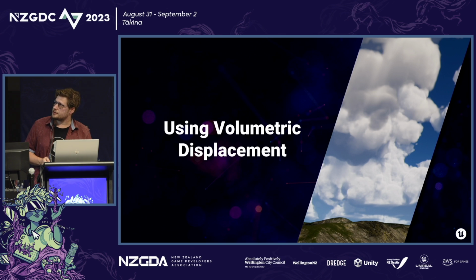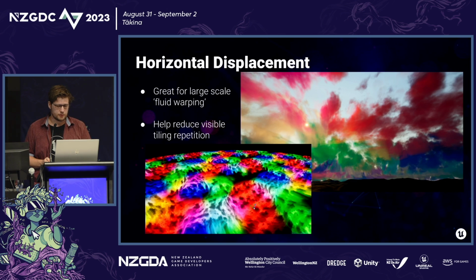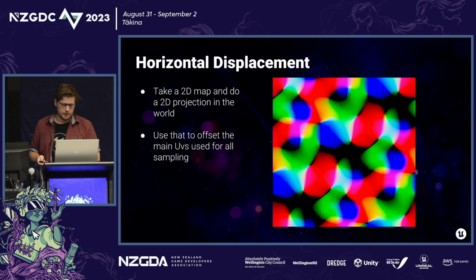And there are other ideas like using volumetric displacement, where what I just showed you was a vector noise distorting UV space. This is actually exactly the same thing, except we're doing this in 2D now, where we're covering a much wider area. So each color there represents a direction, and we're just going to project that texture in 2D.